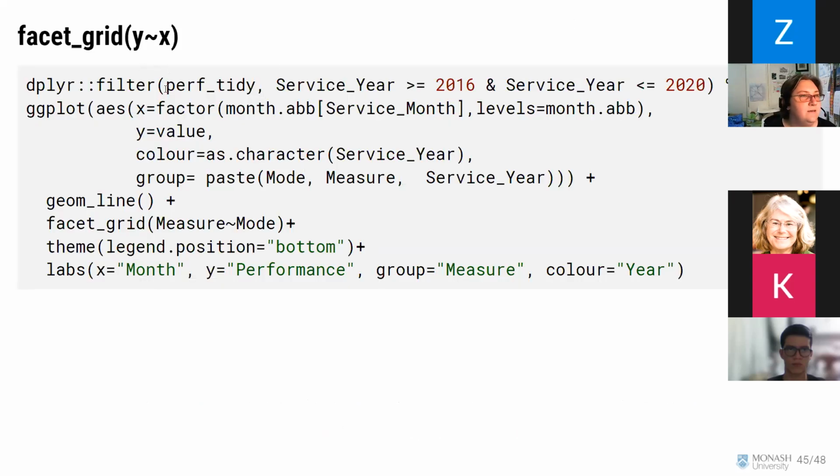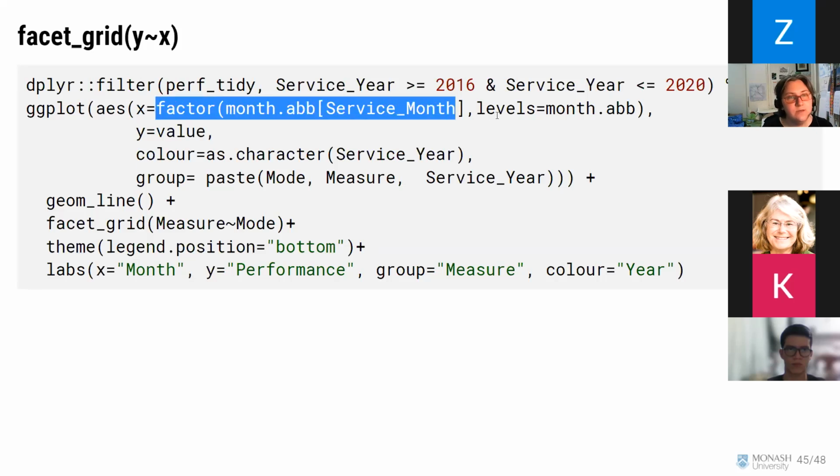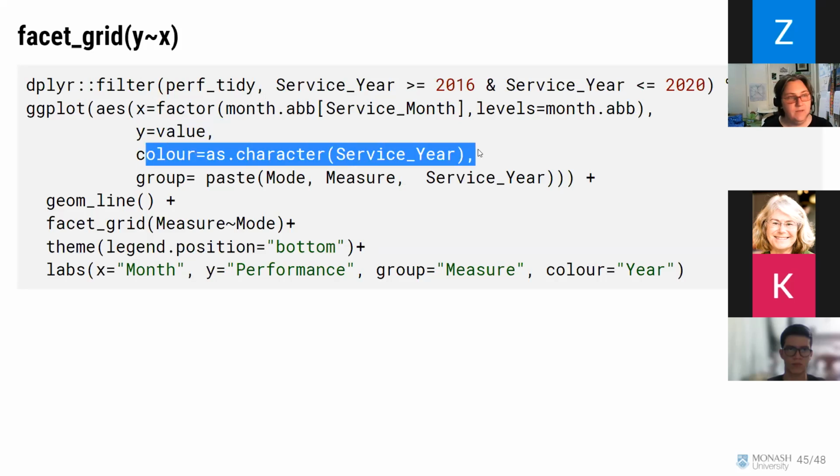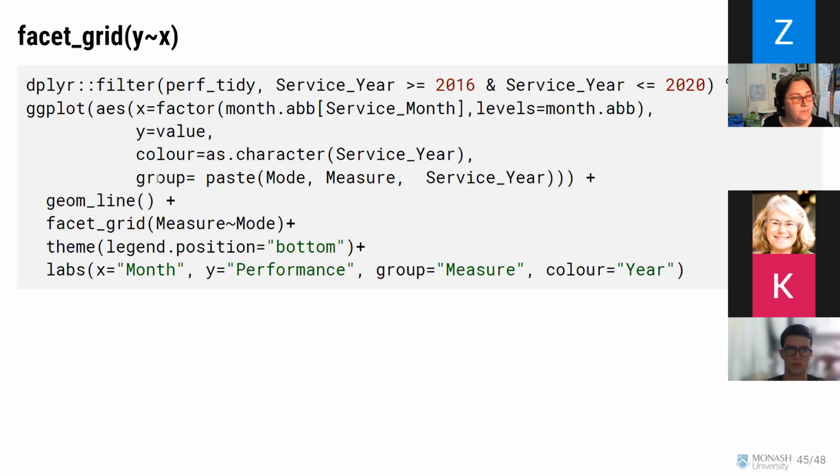So what we've done is we've taken our tidy data, we've filtered the years. Now we've kept all of the modes and we've kept both performance variables. So we're still using the X equals factor. We're still using Y for the value. We've still got the same color statement.